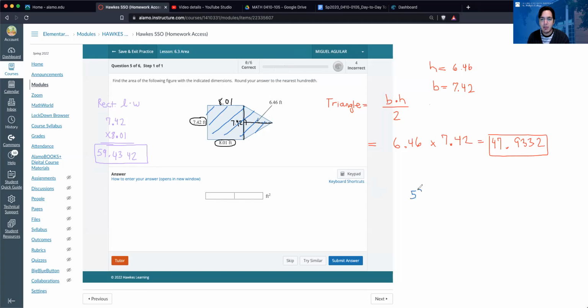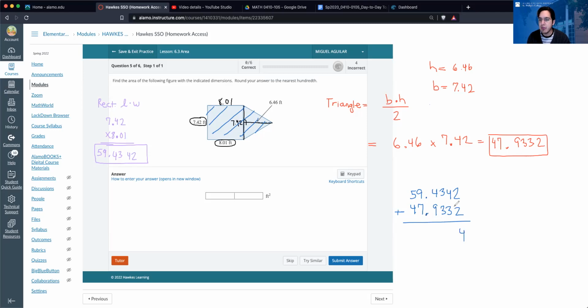So 59.4342, and then 47.9332. We'll add that up, and I won't bother to use my calculator here since adding decimals is pretty straightforward.